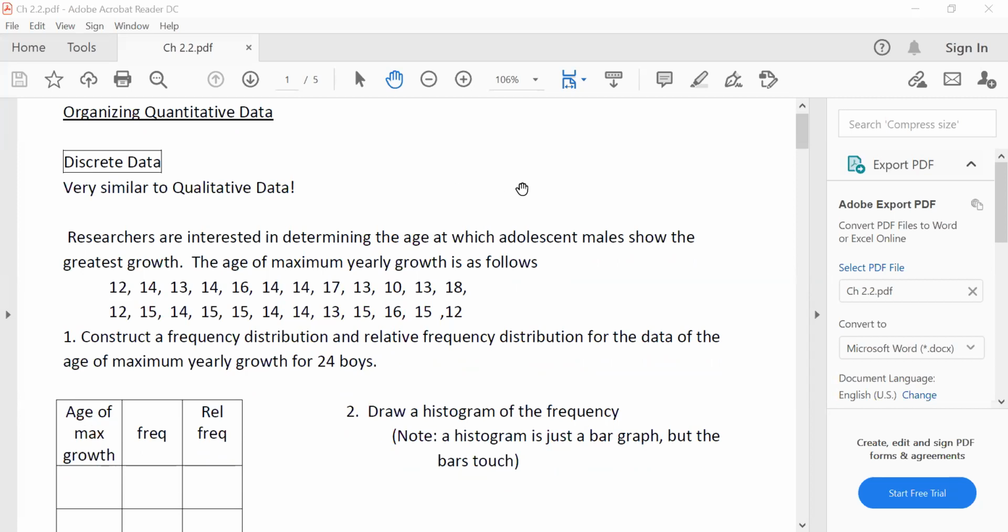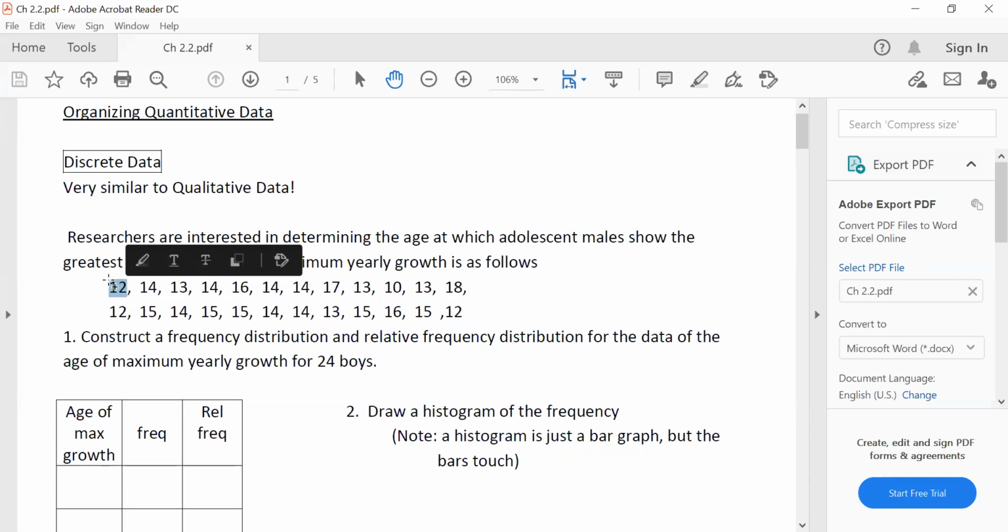So let's see, researchers are interested in determining the age at which adolescent males show the greatest growth. The age of maximum yearly growth is as follows. So we took a sample of adolescent males, looked over their information, and figured out which year of their life they grew the most. So these are actual data points.